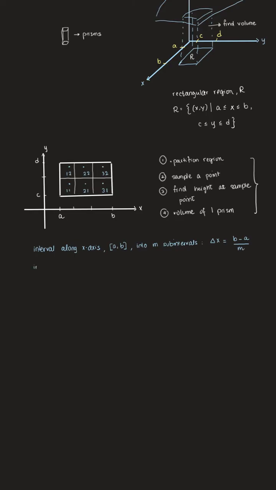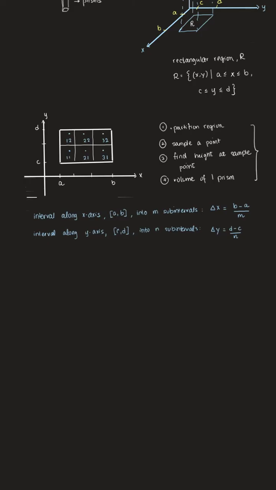And we're going to take our interval along the y-axis from c to d, and we break it up into n subintervals. And the width of each of these, we'll call that a delta y, and this will be d minus c divided by n.